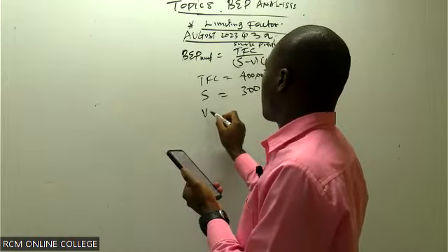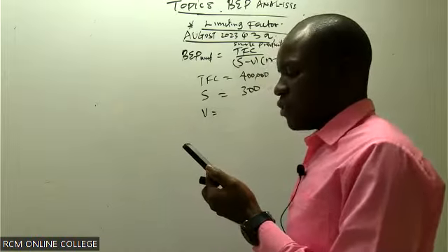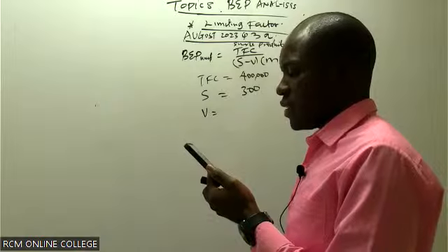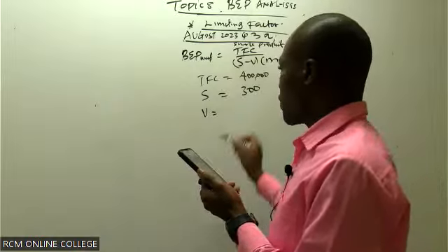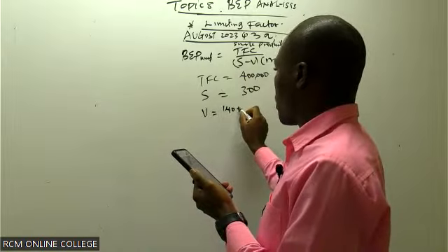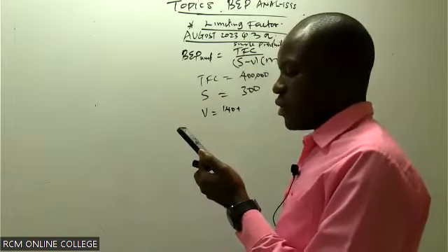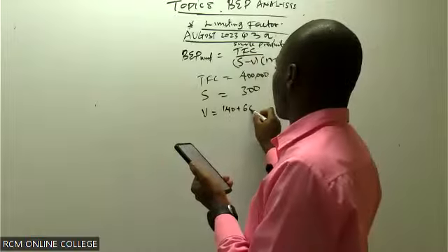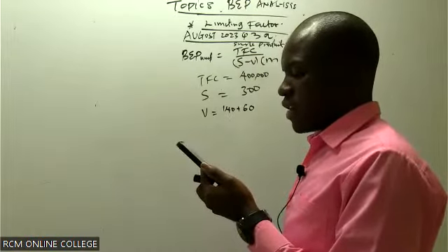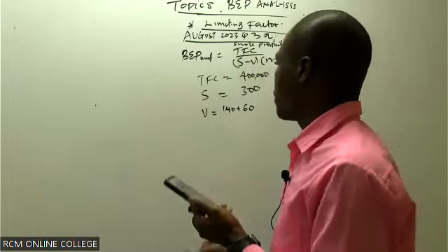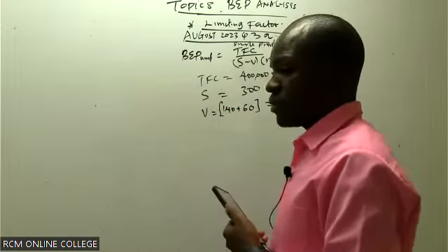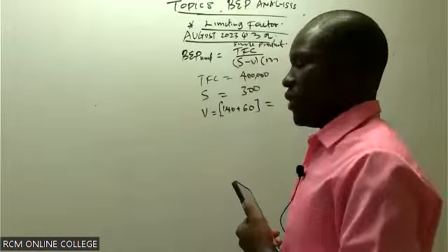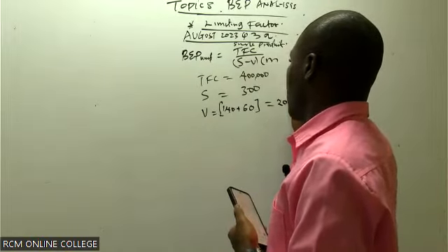Our variable cost per unit of that service, that is salon, I'm able to see variable material costs of 140. I'm able to see variable labor cost of 60. And do we have any other variable cost that we are leaving out? No. So it will be equivalent to 200.